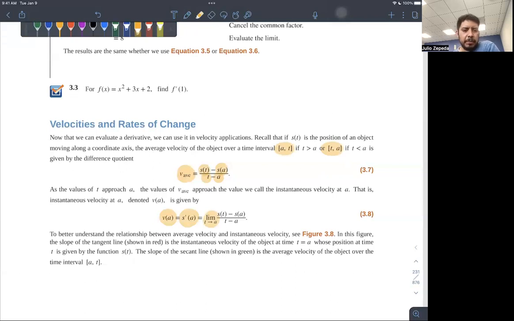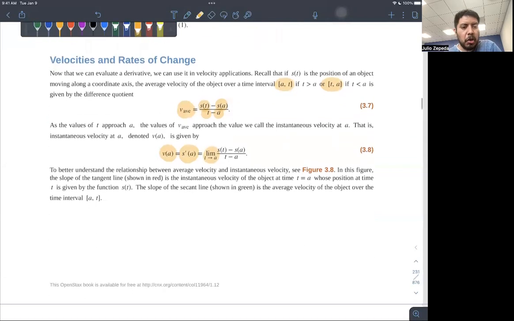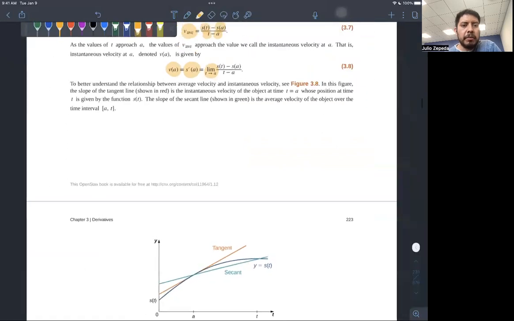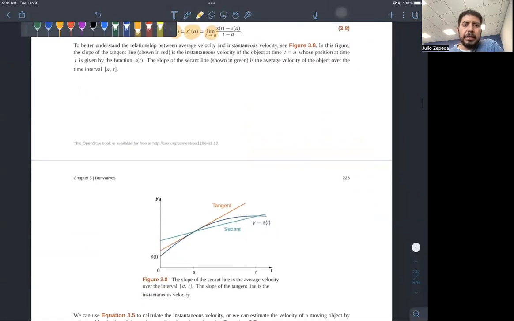To better understand the relationship between the average velocity and instantaneous velocity, see figure 3.8. In this figure, the slope of the tangent line, shown in red, is the instantaneous velocity of the object at time t equals a, whose position at time t is given by the function s of t. The slope of the secant line, shown in green, is the average velocity of the object over the interval from a to t.